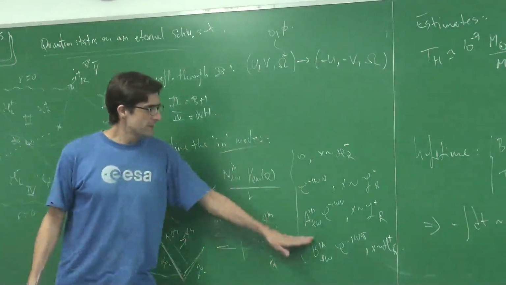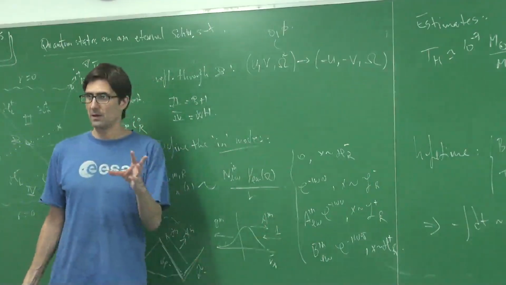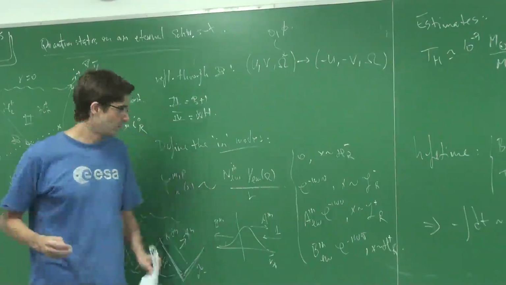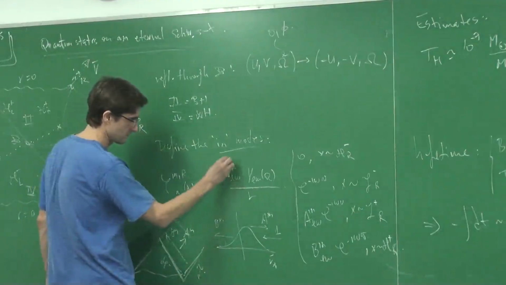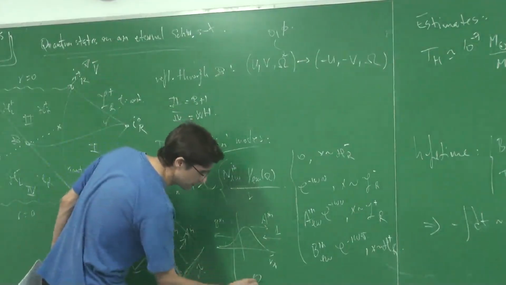Okay, so all this is region 1, but in region 3, they are equal to 0.